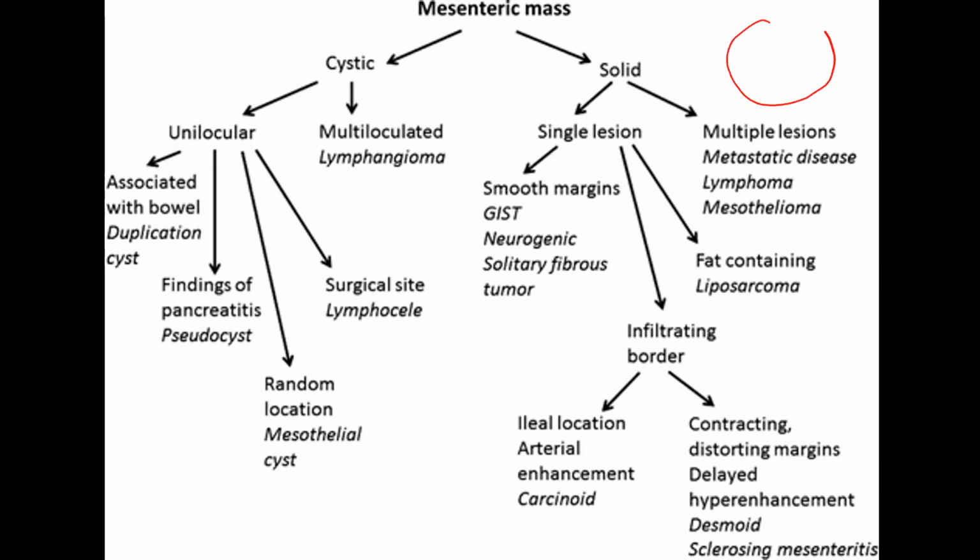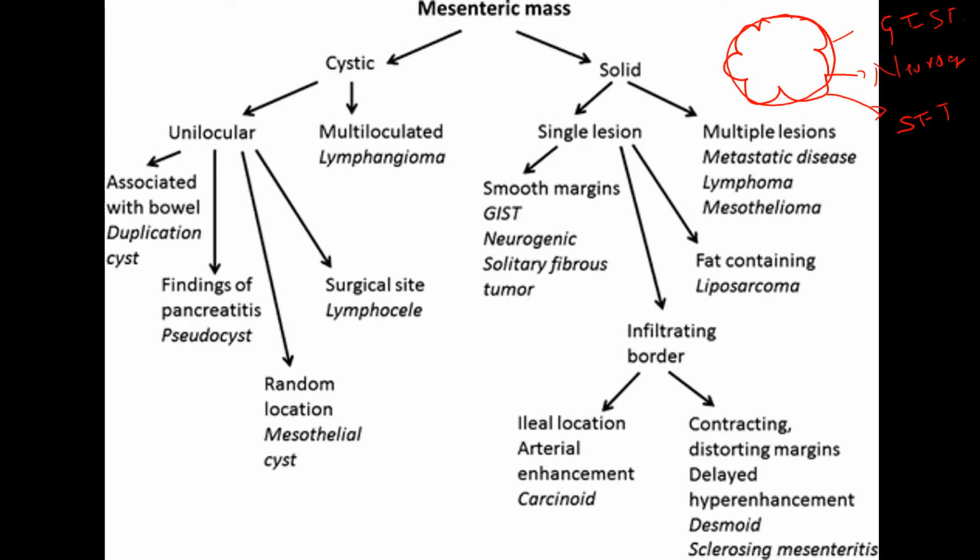If it has a smooth margin, or smooth with lobulation, then usually we have two to three conditions: one is it can be a GIST, the second is a neurogenic tumor, and the third is a solitary fibrous tumor.